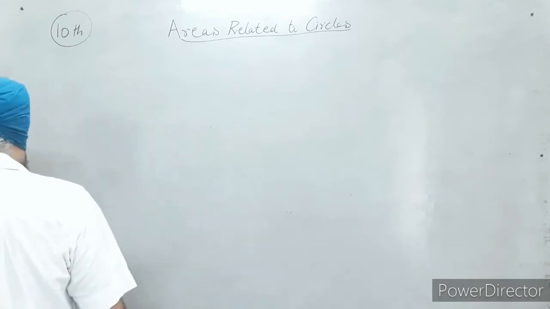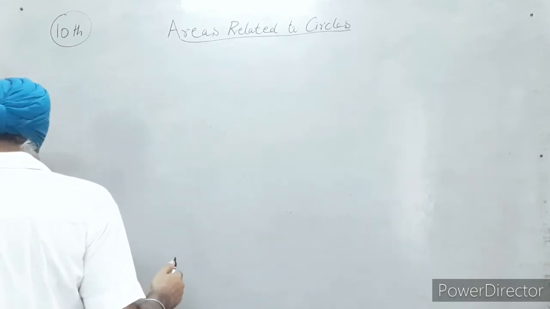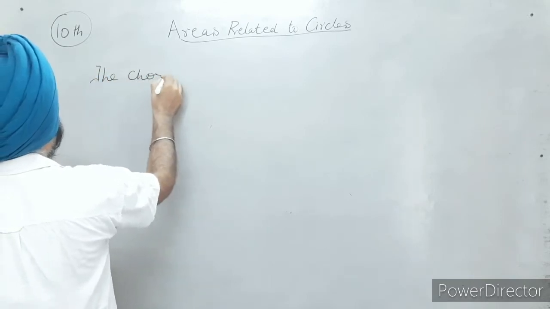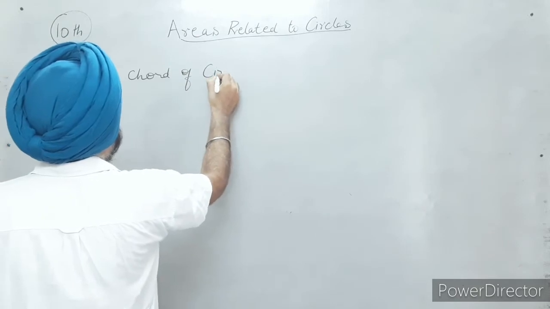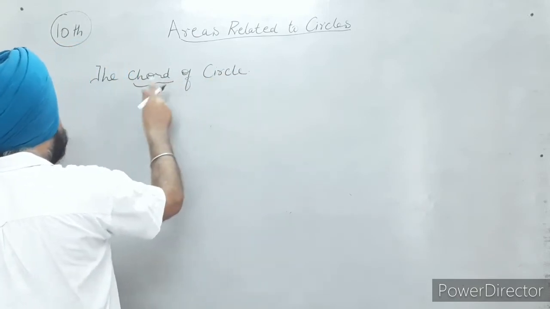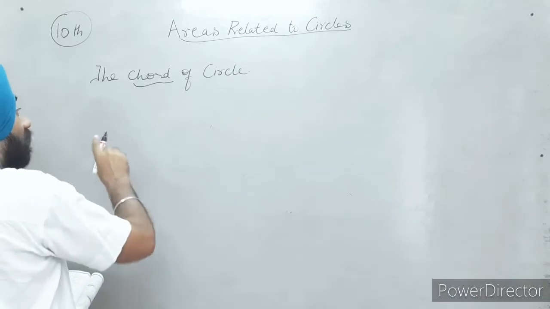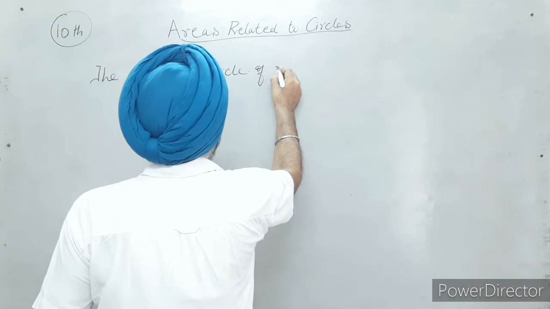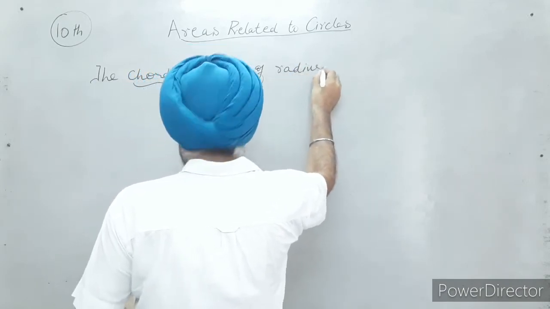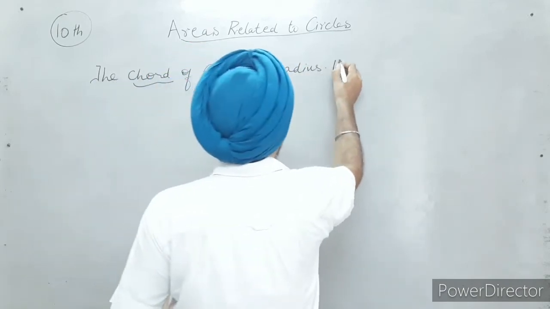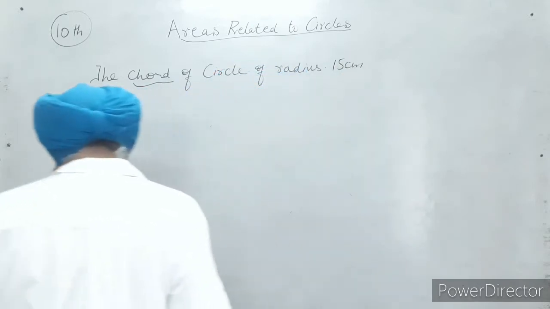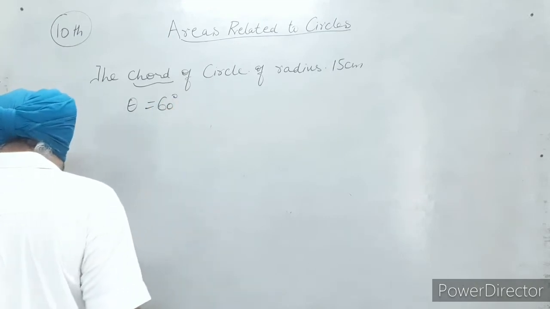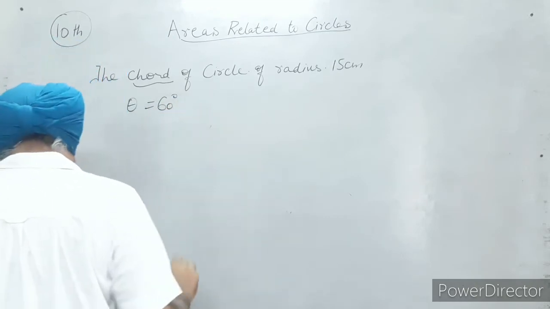The question is: the chord of a circle of radius 15 centimeter. These terminologies of chord have already been explained in lecture number 1. A chord of a circle of radius 15 centimeter subtends an angle of 60 degrees at the center, that is the central angle is 60 degrees.